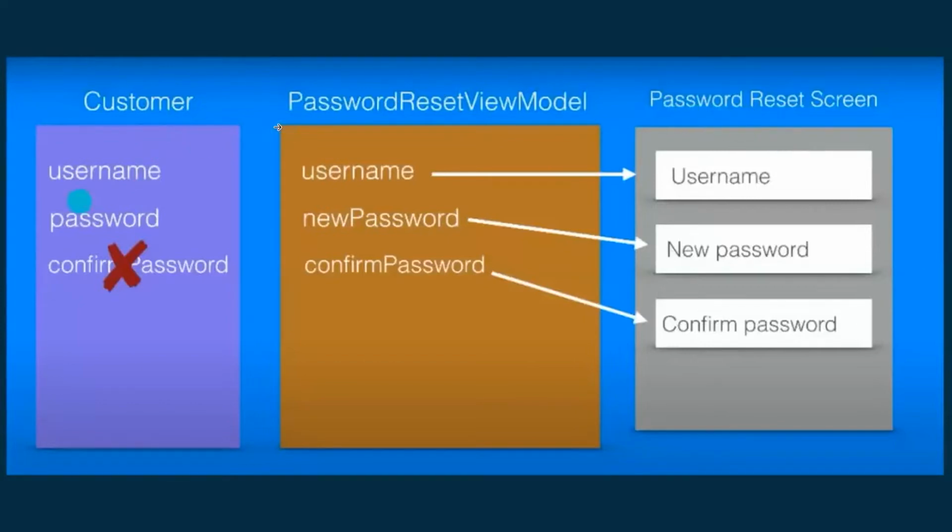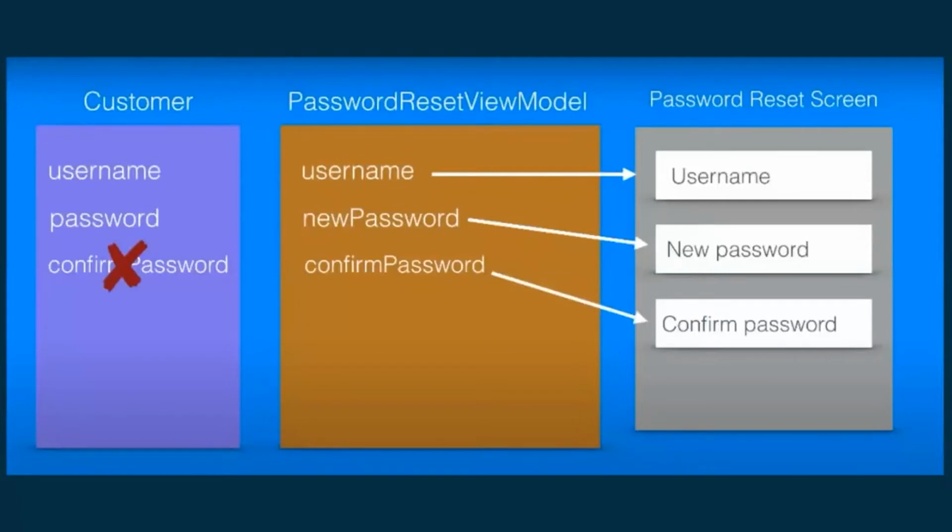We cannot connect each and every attribute within each and every part, so it would have created a problem. For that, we have this view model. The view model has three attributes: username, new password, and confirm password. It fetches the data from the model and then connects with each and every part of the view, so it won't create a problem. It's one of the reasons why we use MVVM.